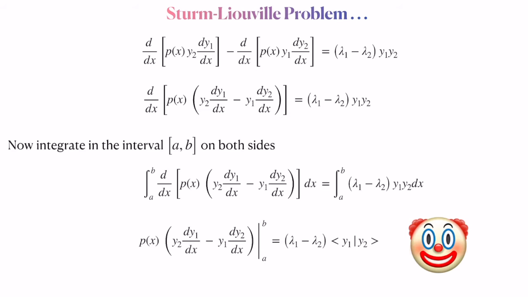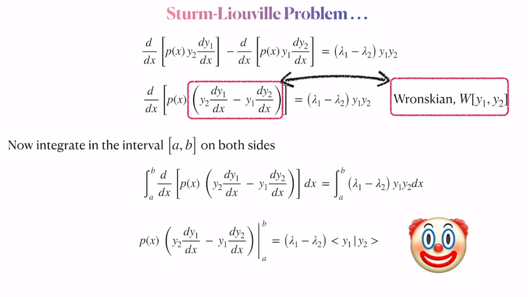We have seen this earlier when we did sine and cos functions, and again we are getting something very similar, except that their differential operator was very simple. In this case we have a somewhat more interesting differential operator, which leads to a more interesting boundary condition. Let me remind you that the term inside the differentiation, or what we have on the boundary, is basically the well-known Wronskian of the two solutions y1 and y2.